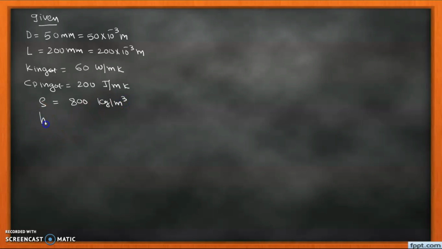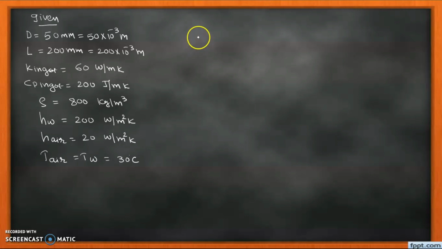The convective heat transfer coefficient h of water is 200 watt per meter square Kelvin. The h for air is 20 watt per meter square Kelvin. The temperature of air and the temperature of water is given, that is 30 degrees centigrade.